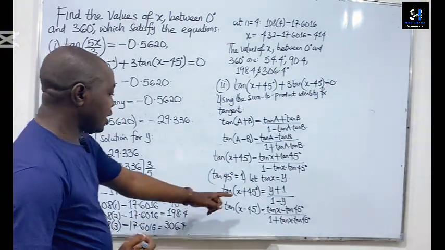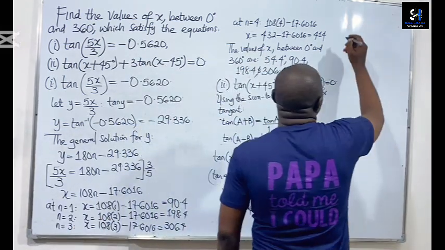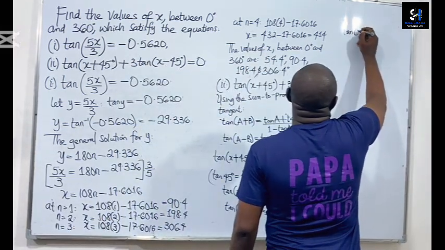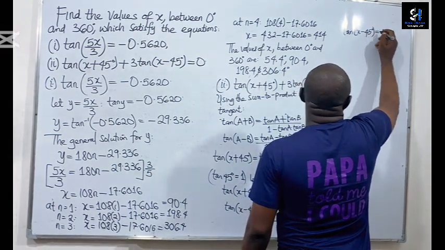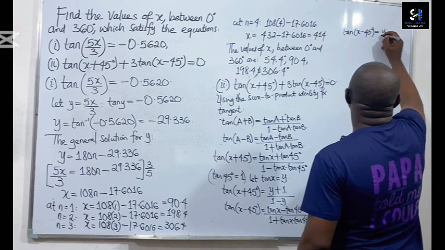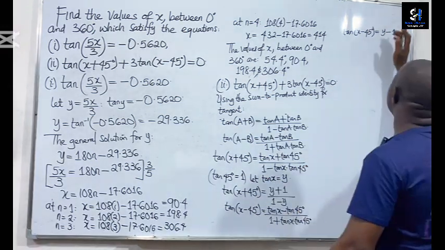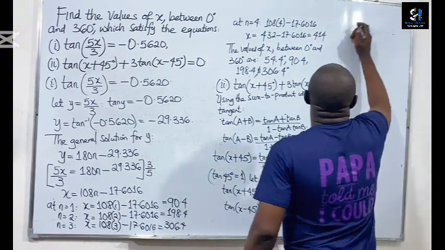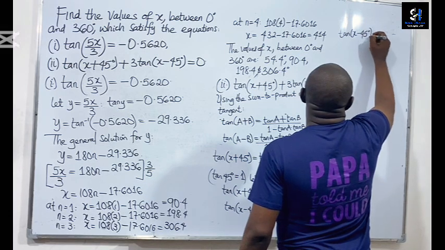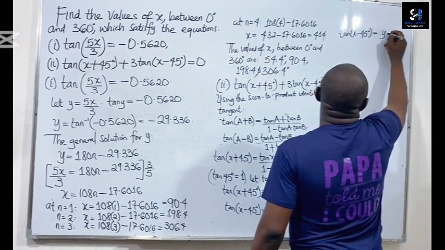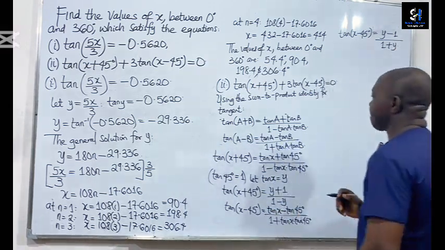Remember I said tan x is equal to y, so tan(x - 45 degrees) will be equal to y minus 1, because tan 45 degrees is 1. So we have tan(x - 45 degrees) to be (y - 1) over (1 + y).